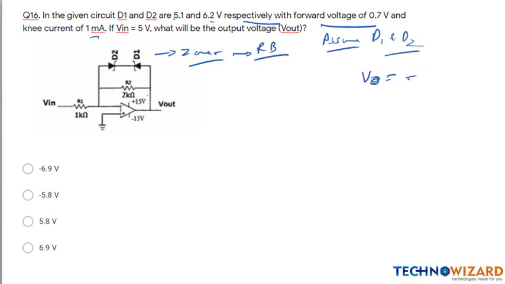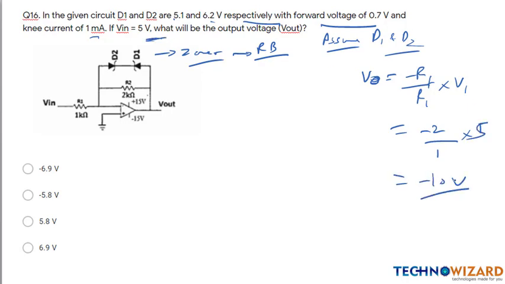Output voltage is given as minus Rf upon R1 into V1, as it is an inverting amplifier. Minus 2 upon 1 into V1, which is given as 5 volt, will be equal to minus 10 volt. When the output is minus 10 and the input is 5, then if you see the circuit, D2 will be forward bias and D1 will be reverse bias.